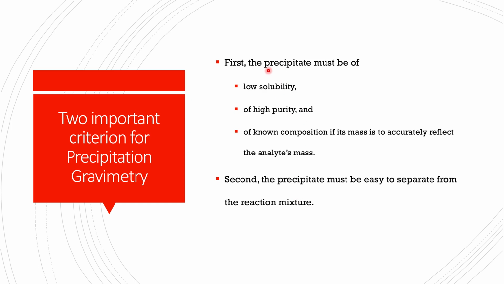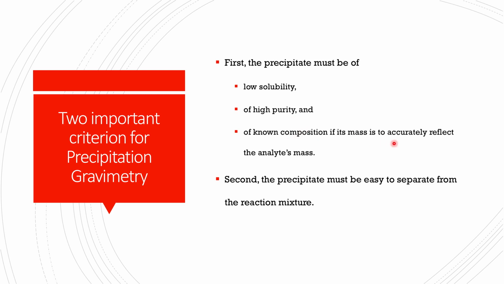So these two criteria are based upon the nature of the precipitate. First is the physical and chemical aspect of the precipitate. Second is the technical aspect of the precipitate. So the first important criterion is that the precipitate must be of low solubility. That is important because if your precipitate shows some kind of solubility, then obviously your results won't be right. Then it should be of high purity, obviously, because if you have impurities coming into the precipitate, you will have wrong weights of the precipitate, and that would lead to wrong results.